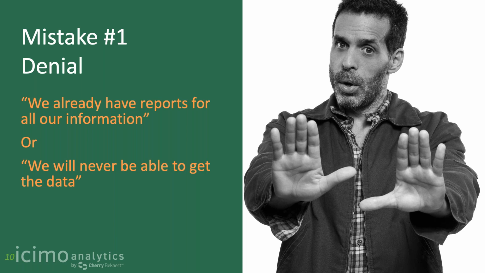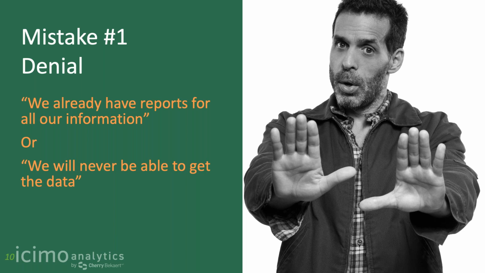A lot of times we get caught in that and we don't think about other data points, or areas from other functions in the organization, because we are focused on that one element. When we go down that path, we're denying that there might be other options. Or the main one we see is, I'm never going to have access to that data internally, or I'm not going to be able to get that data externally.